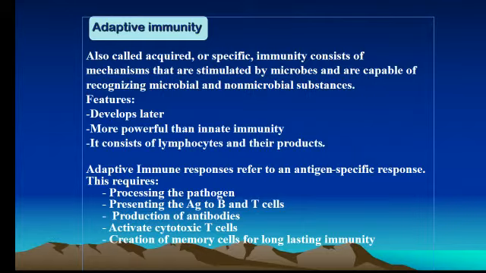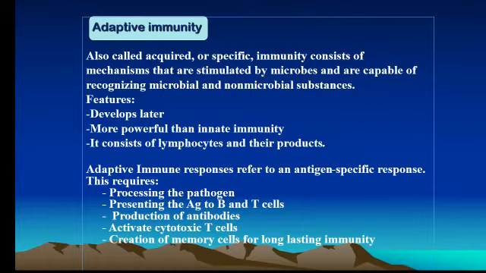The adaptive immune response is referred to as an antigen-specific response. This requires processing the pathogen, presenting the antigen to B and T cells, production of antibodies, activation of cytokines and T cells, and creation of memory cells for long-lasting immunity.